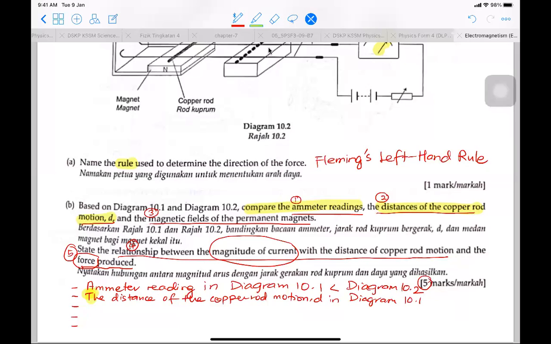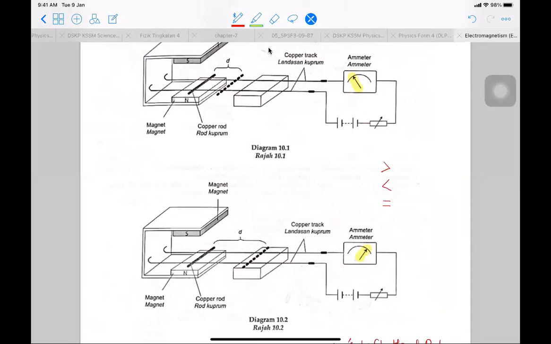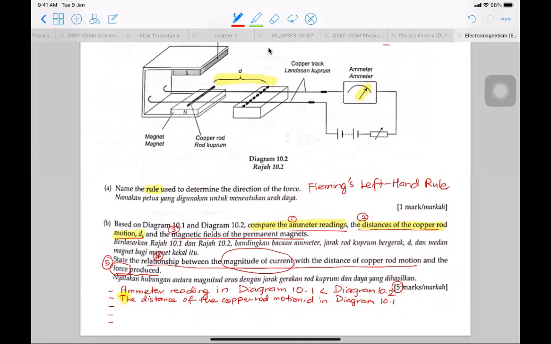Greater or less? 10.1 is less. Okay. Yes, less. Use the symbol less than, because you can see here the distance D and this one. So 10.1 is less. So you should write down there less than diagram 10.2.